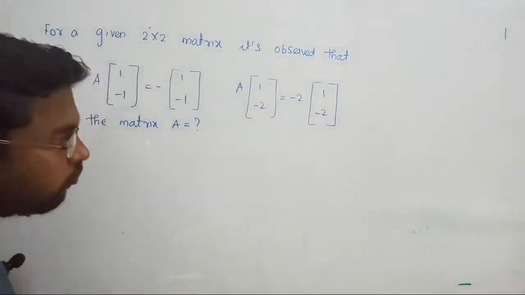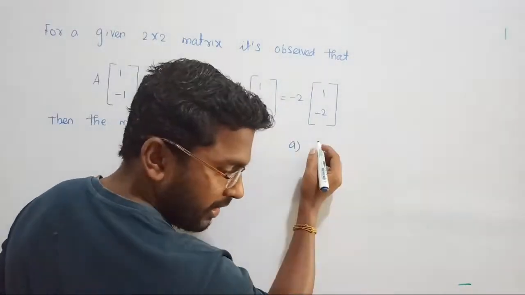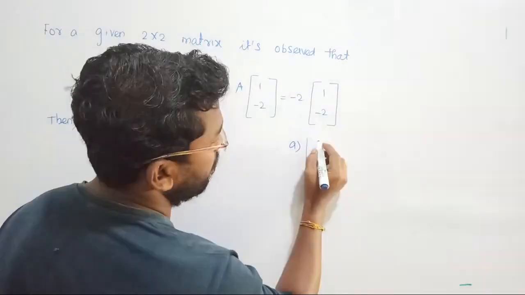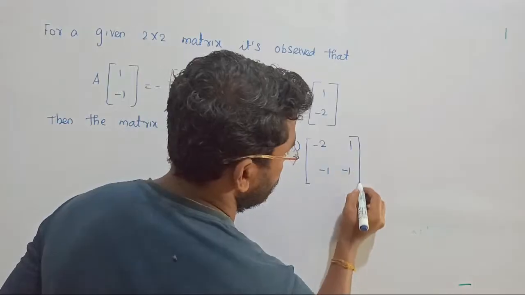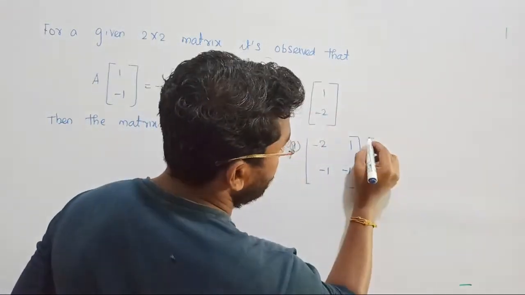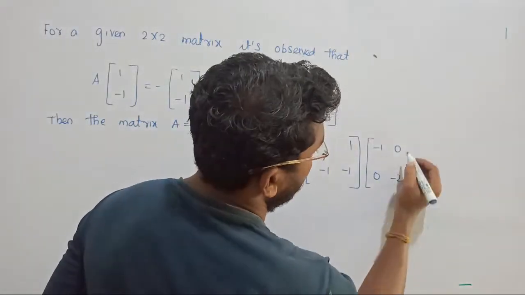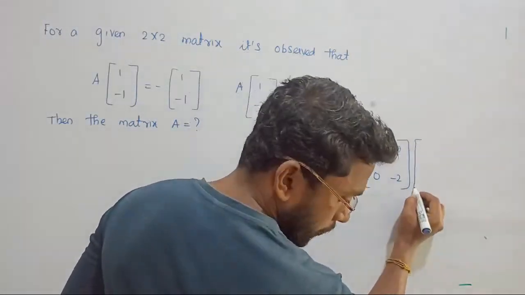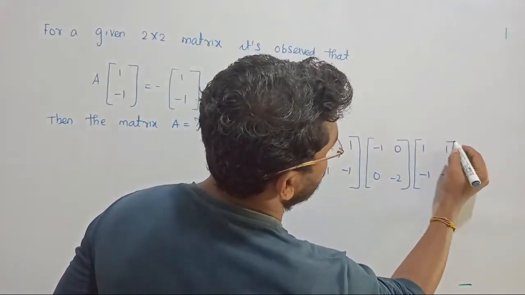Anyway, they have given 4 options. Let me write all the options here. In option A, they said minus 2, 1, minus 1, minus 1. Option B is minus 1, 0, 0, minus 2. Option C is 1, 1, minus 1, minus 2.